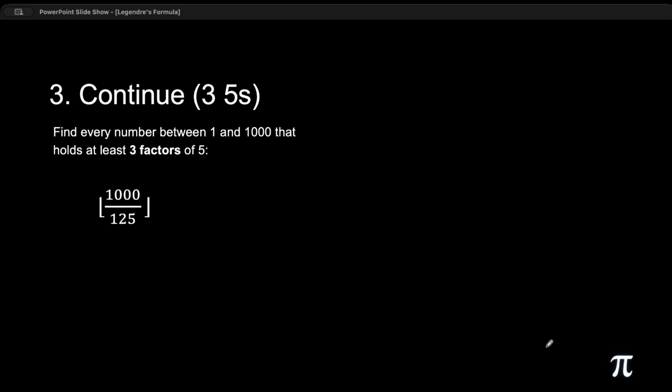Now we can continue this, applying the same logic, where we see that 125 has 3 factors of 5, so an additional factor. To find every number between 1 and 1000 that holds at least 3 factors of 5, we can take the floor function of 1000 divided by 125, which gets us to 8.